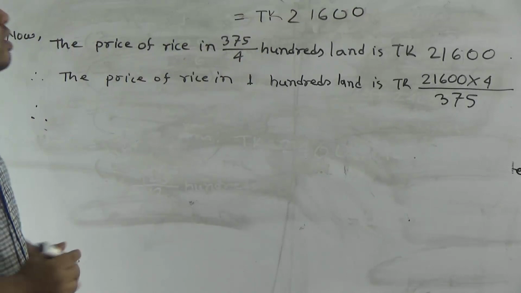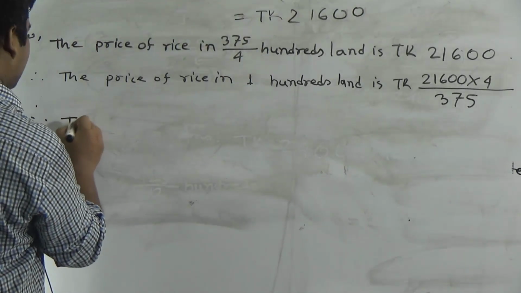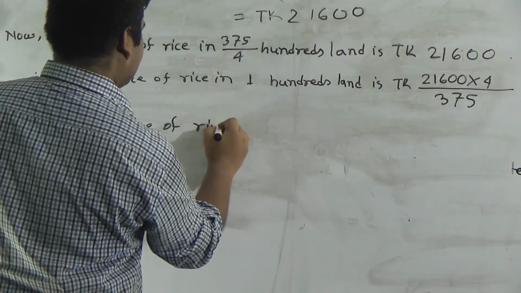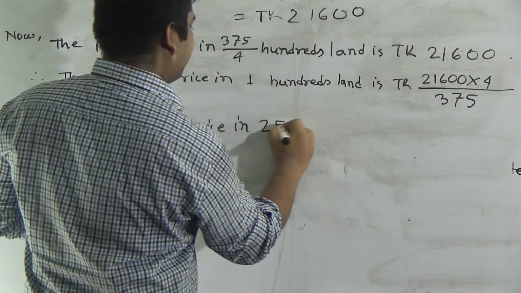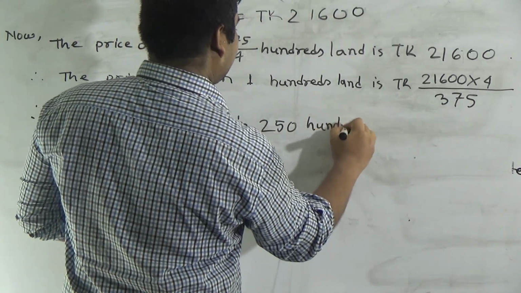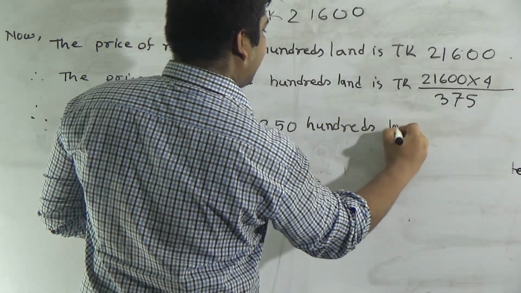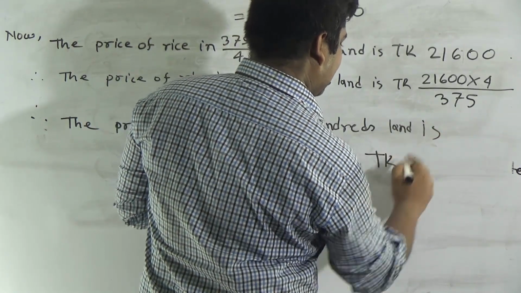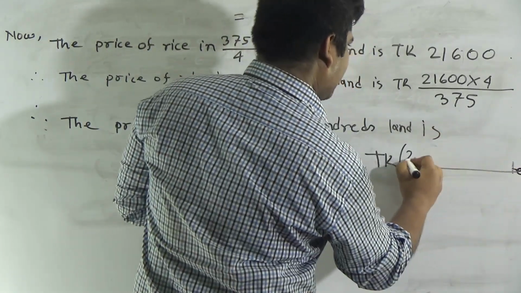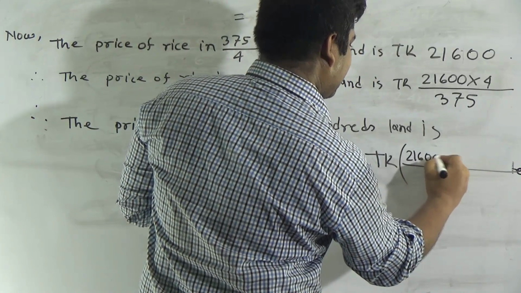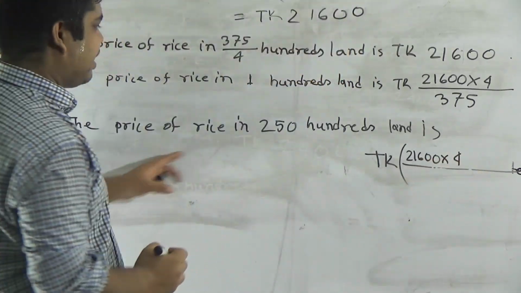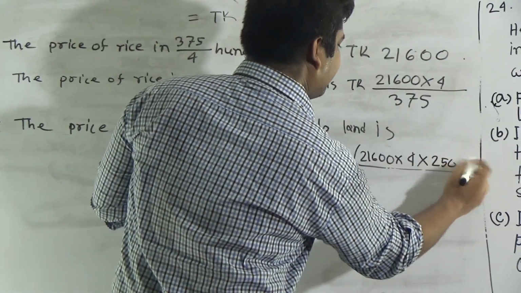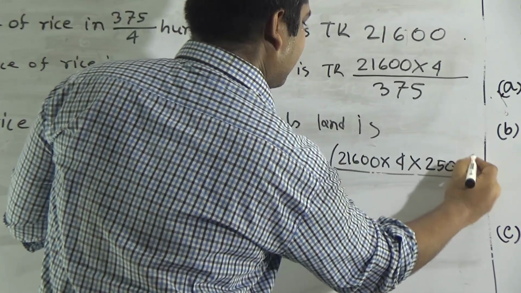Here whole land is 250. So the price of rice in 250 hundredths land is taka... Notice, 21,600 multiplied by 4. Here multiplication will happen, that means 250 divided by 375.